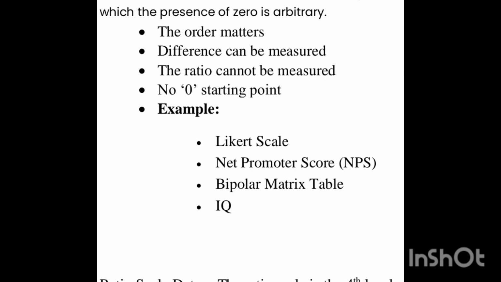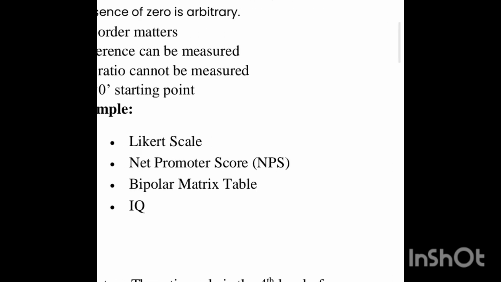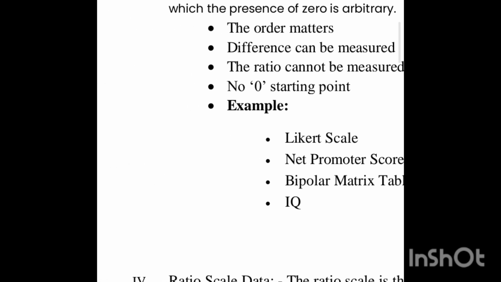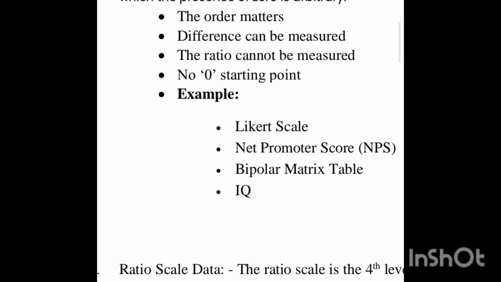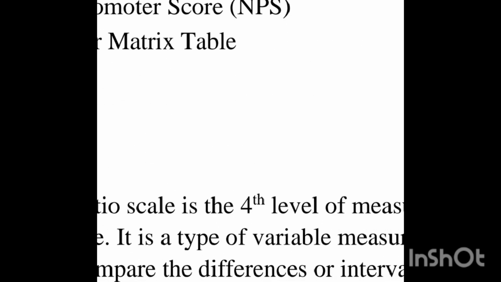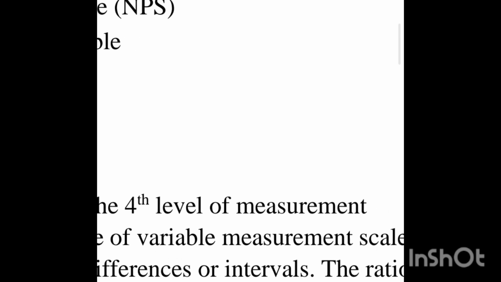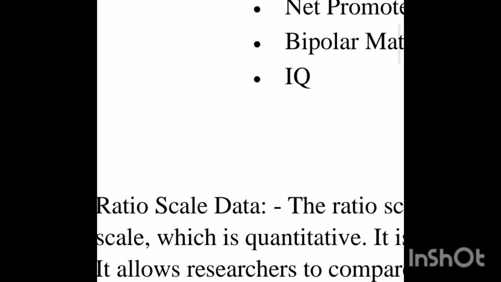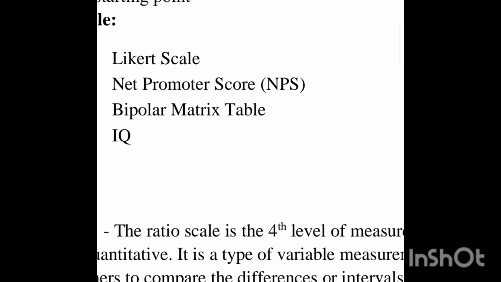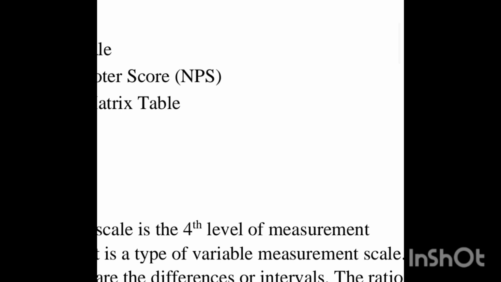Let's read about the last scale, that is ratio scale data. The ratio scale data is the fourth level of measurement. The scale which is quantitative. It is a type of variable measurement. The scale allows researchers to compare the difference or intervals.